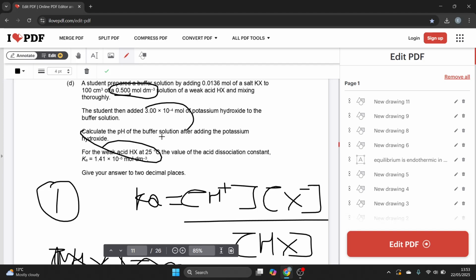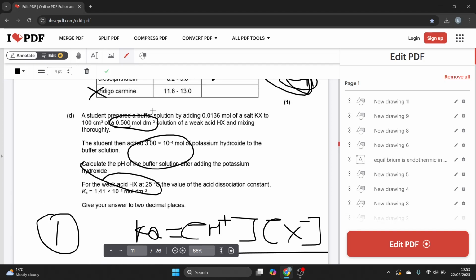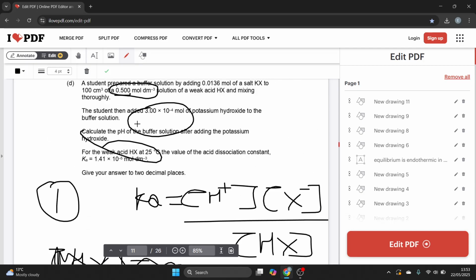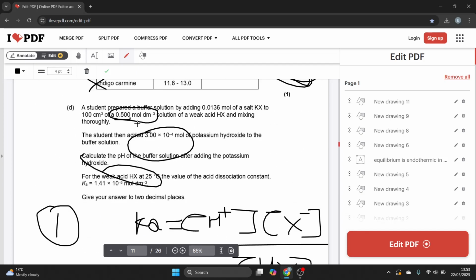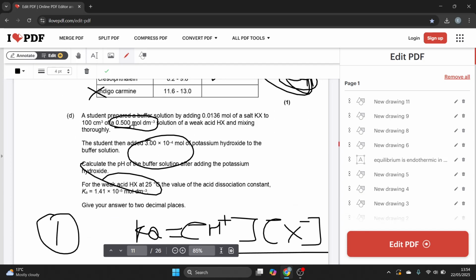Then I'm adding this much to a buffer solution. So let's think about it, right? I'm adding potassium hydroxide to a buffer solution. With this kind of stuff, you're adding this much and you're subtracting this much. That's what you need to know. So if I think about 0.050, well, actually, even 0.0136.